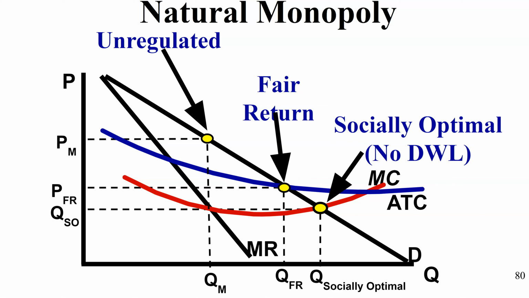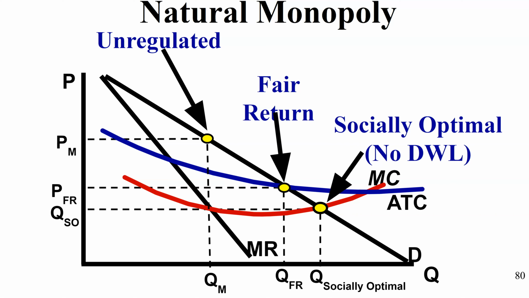But notice there's a problem, and that problem is that you're not meeting your ATC. And so what you see here is a gap between your marginal cost and your average total cost, which means you're underwater. Depending on where AVC is, you could also be closing your doors. And so this is where government needs to, if they're going to impose a price ceiling, then they need to also encourage and provide a subsidy in order to bridge that gap.